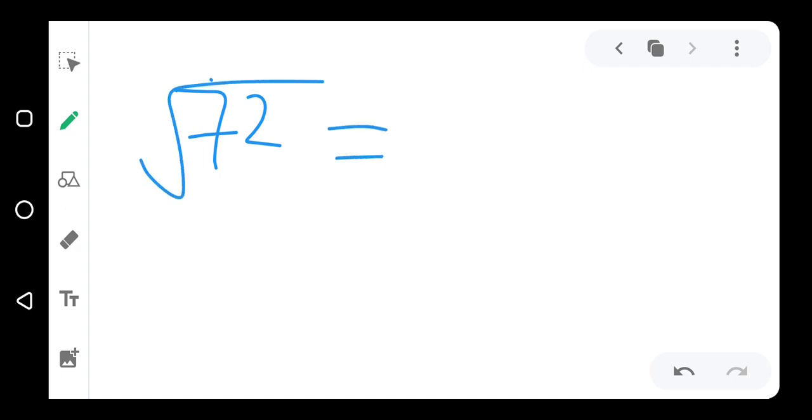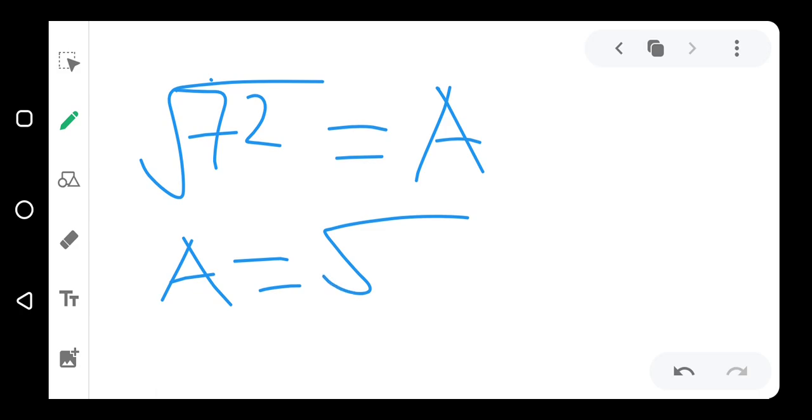So we have the square root of 72 is equal to a. Please note that we can still write it as a is equal to the square root of 72. Whether we have the a at the left-hand side or the right-hand side, it is still the same thing.